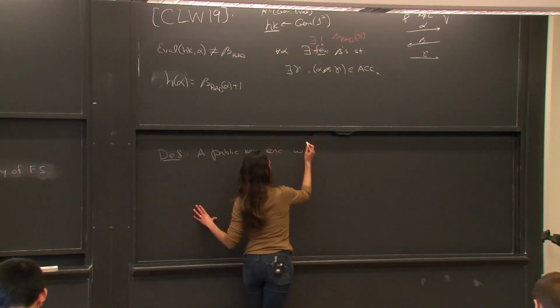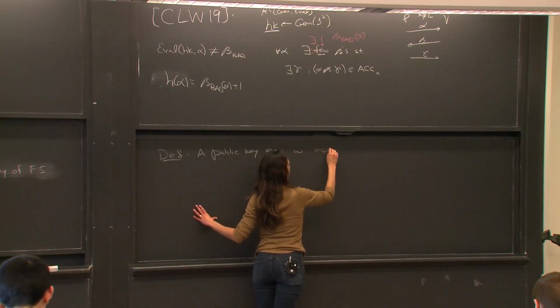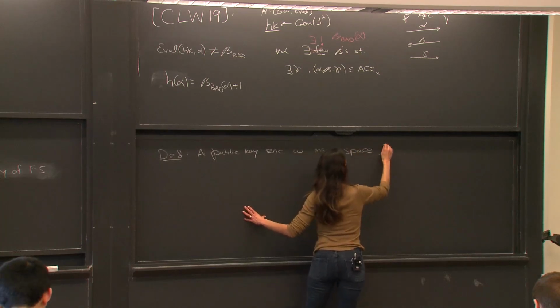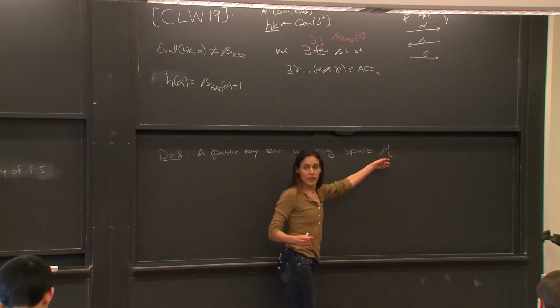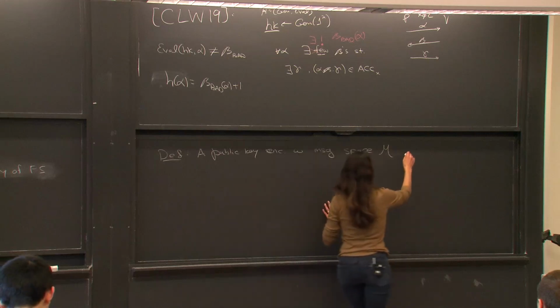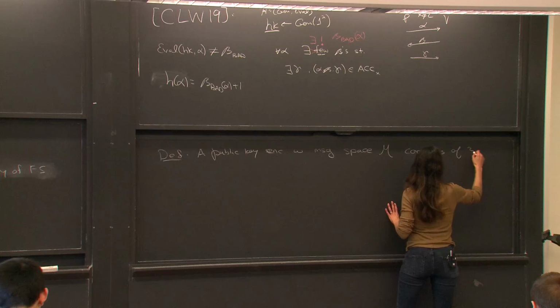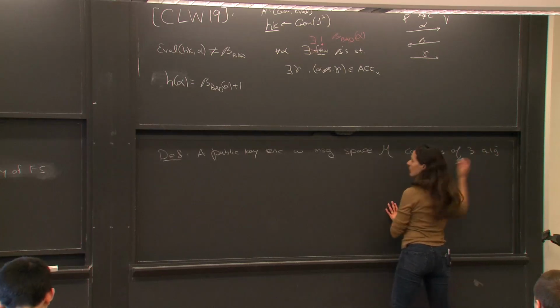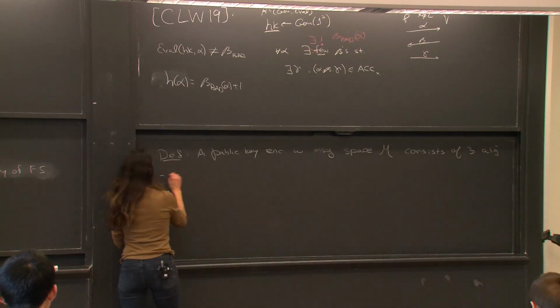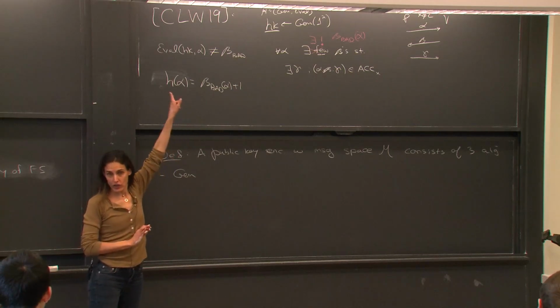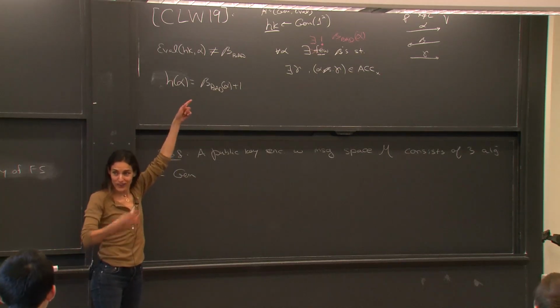with a message space. There's a message space associated with it, and these are the messages that we're going to encrypt. It consists of three algorithms. One is Gen, its own key generation, not to be confused with a hash function that generates a hash key.